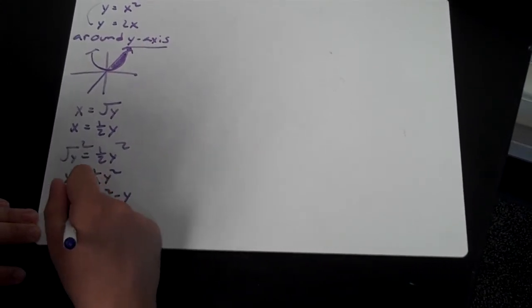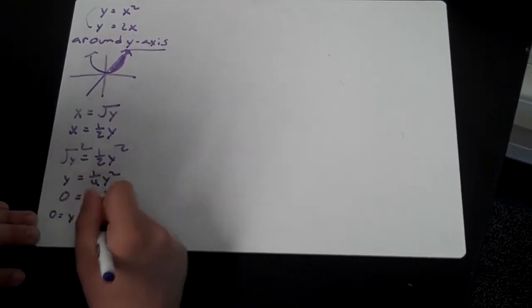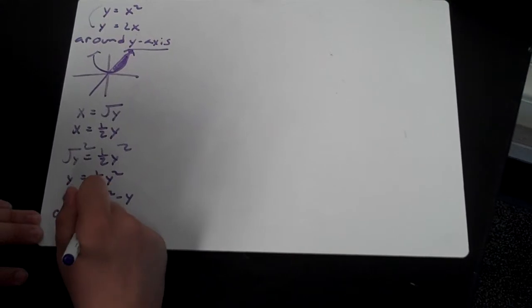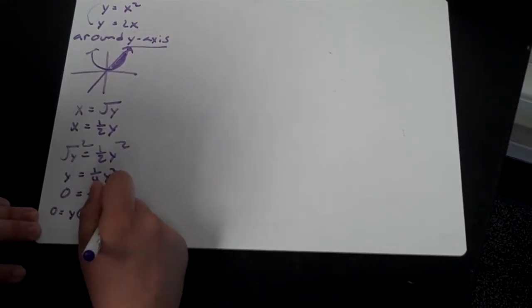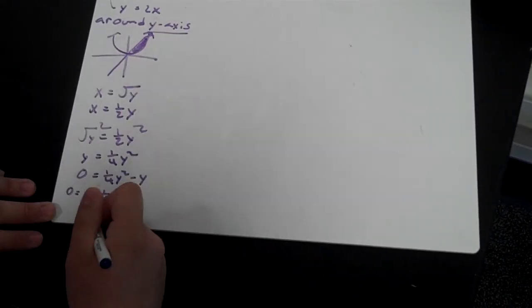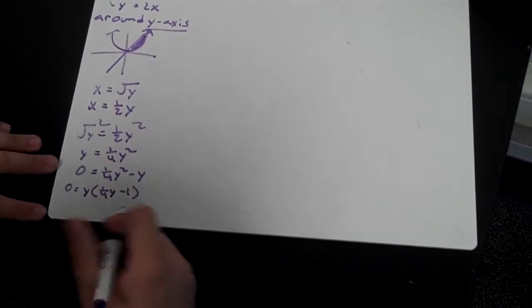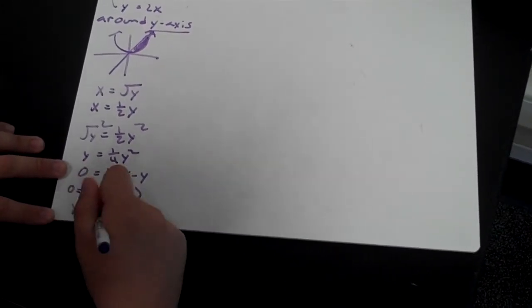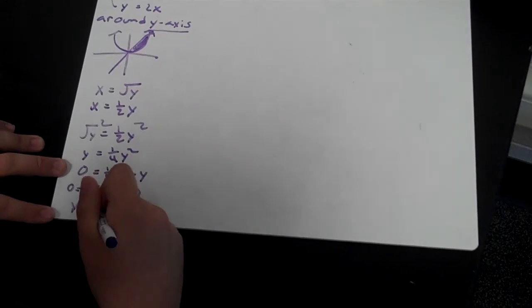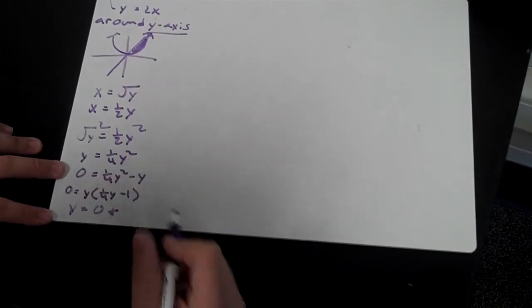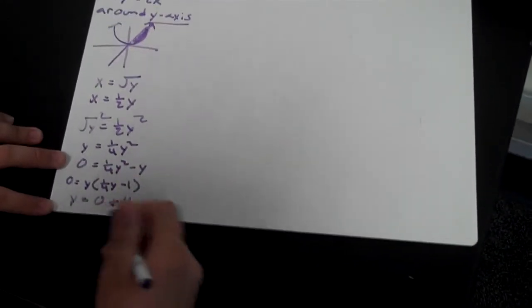Take out a y. So what can our y's be to get them to equal 0? They can be, this one can become a 0, and this one can become 4. So those are our intersects.